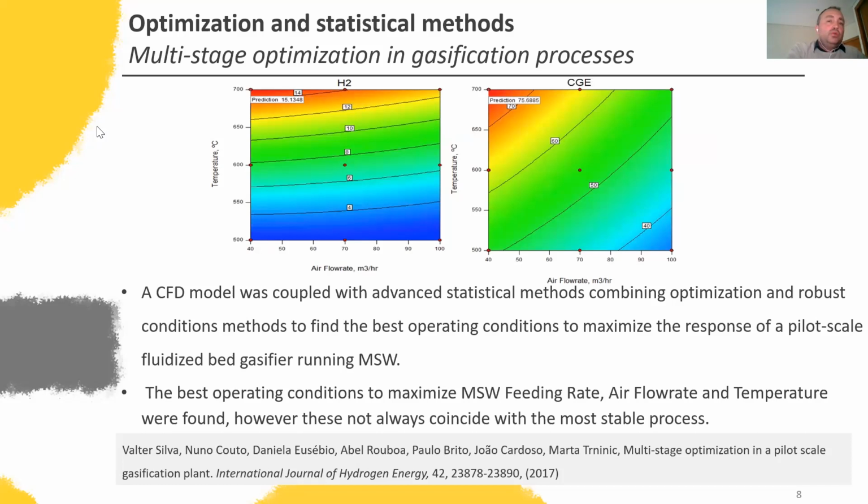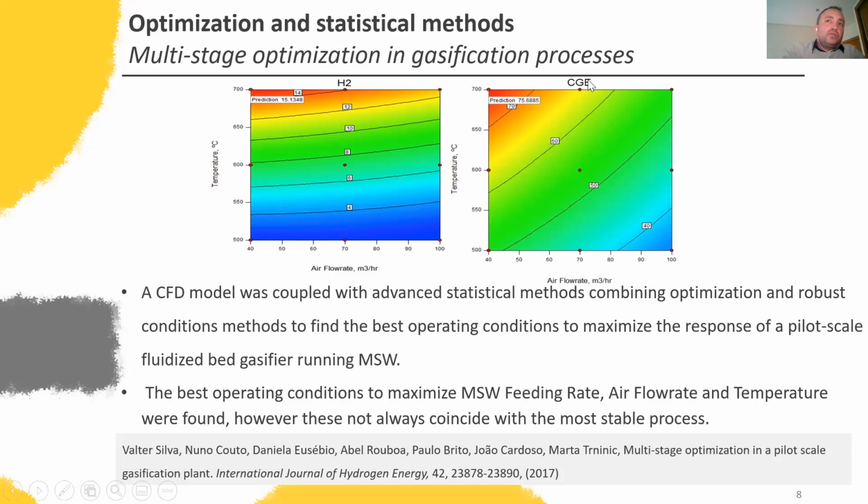So we apply statistical optimization methods at different operating conditions, and we can understand the right value for each of these parameters. For example, if we want to produce more hydrogen, we know that we should use a temperature around 700 degrees and 40 meters per hour.